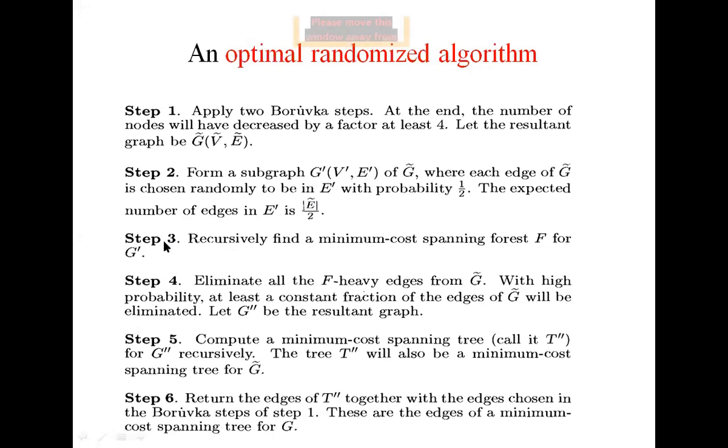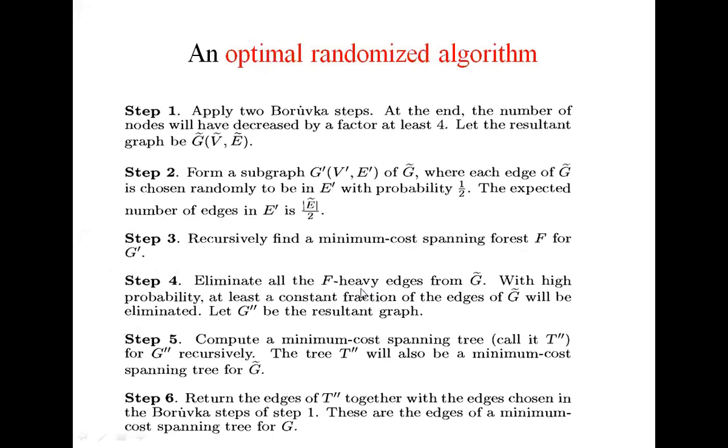Next, in step 3, we recursively find a minimum cost spanning forest F for G'. For G', the subgraph, we are finding the minimum cost spanning forest. In step 4, eliminate all the F-heavy edges from G. F-heavy edges means more expensive edges that you can eliminate from the original graph.